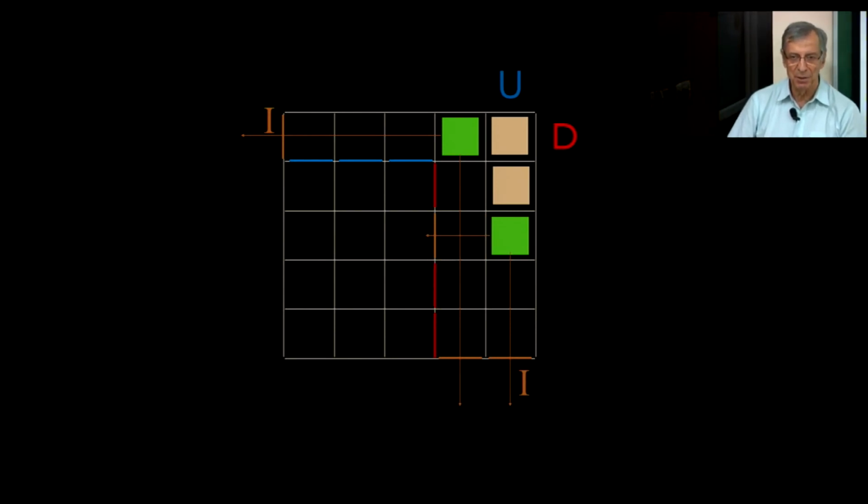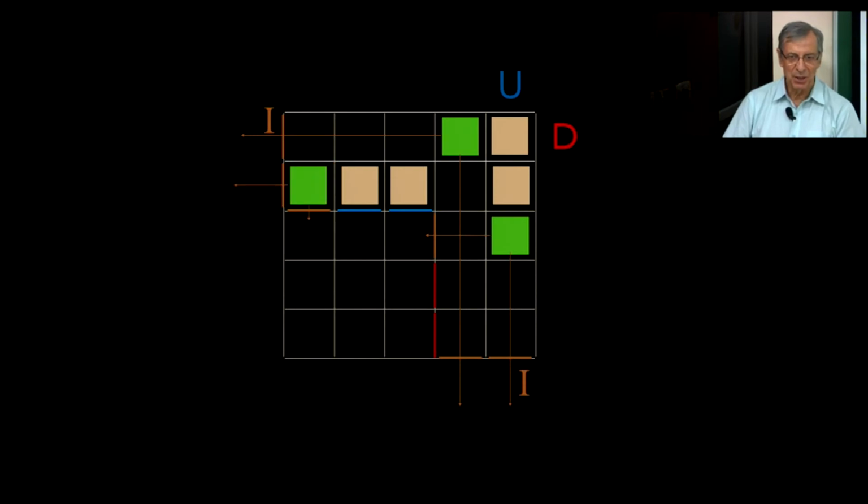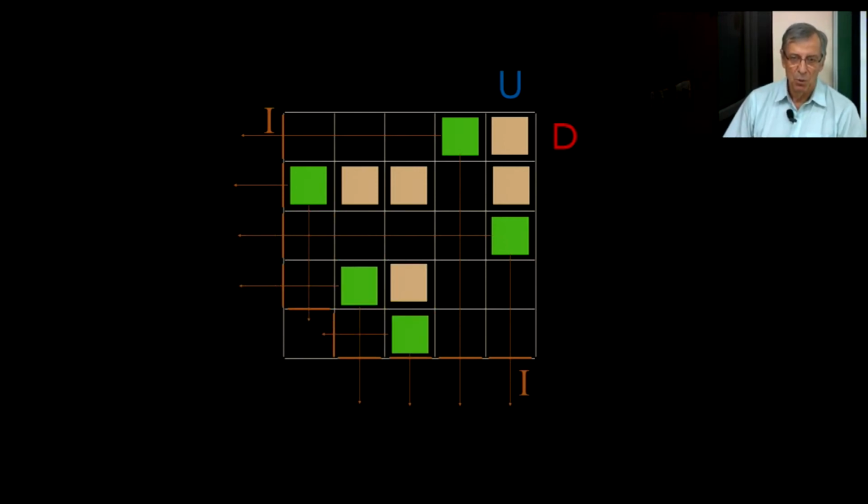This is a possible way to do the computation of the normal ordering, and at the end, if you sum all possibilities, you will get this unique polynomial. So you see, I started with U power 5, D power 5, and I finish with identity everywhere on the southwest side.